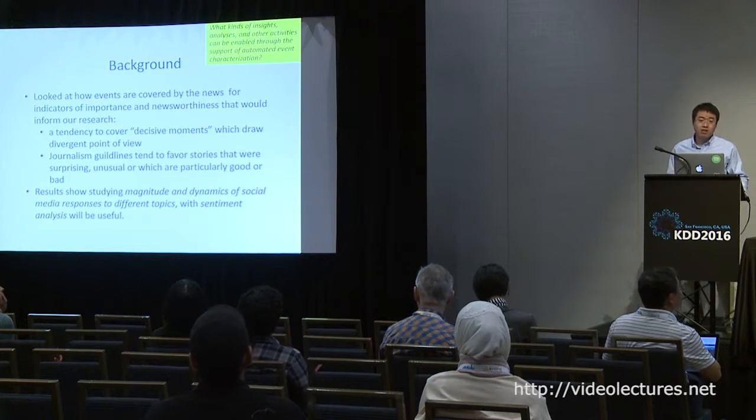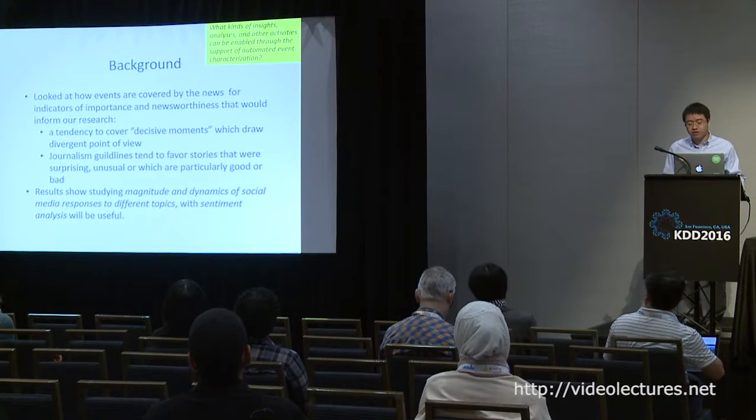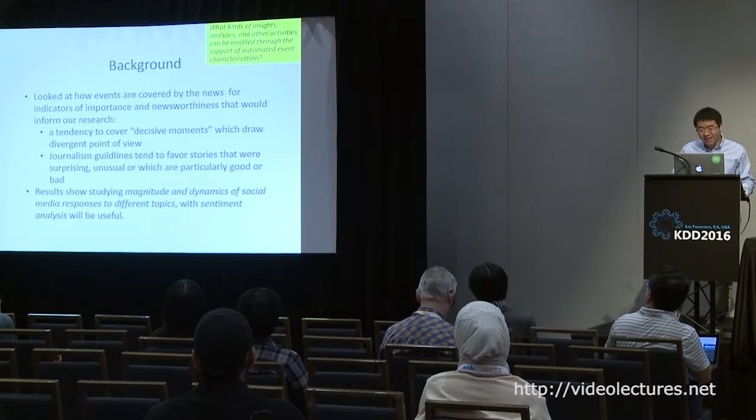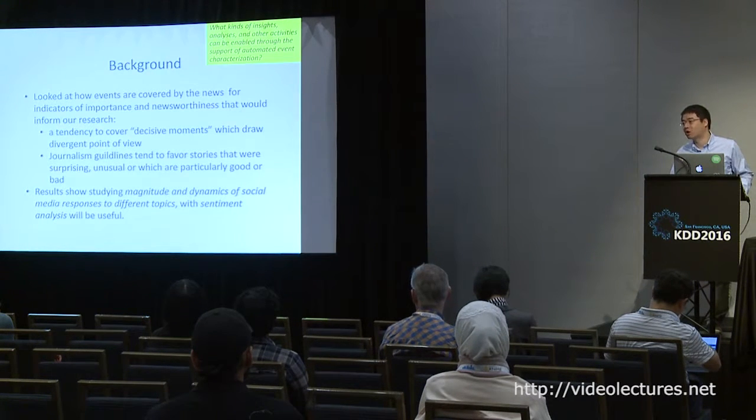To answer these fundamental and challenging questions, what do we do? We looked at how events are covered by the news for indicators of the importance and newsworthiness that would inform our research. We look at the current practice of journalists to better inform the research, like what problems we should focus on.